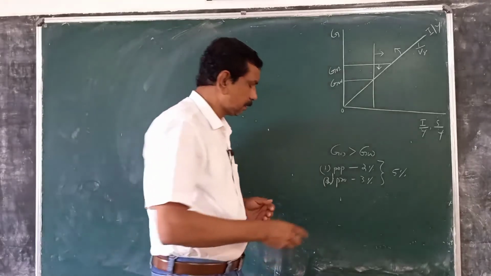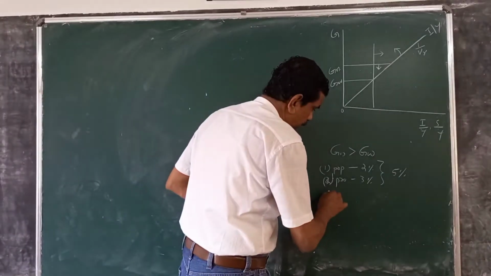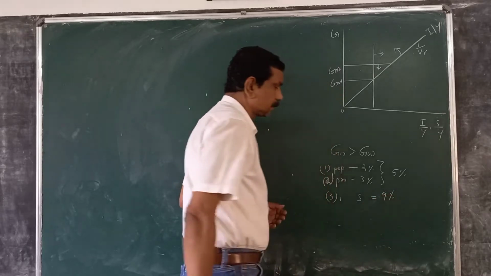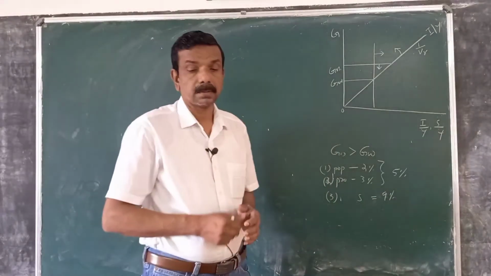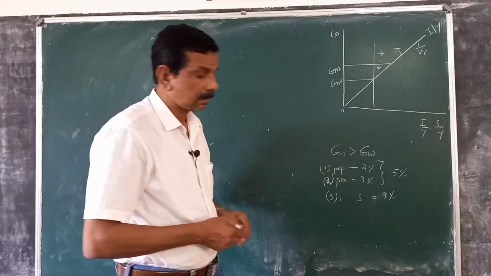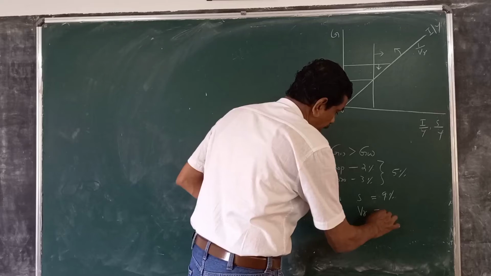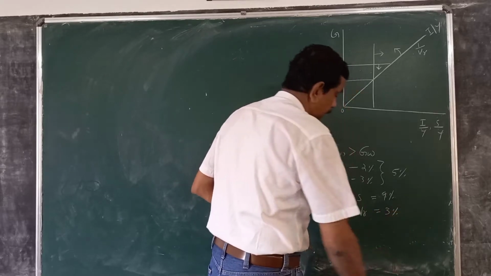Suppose that the saving rate S is equal to 9%, and also that VR, the desired capital output ratio, is 3.